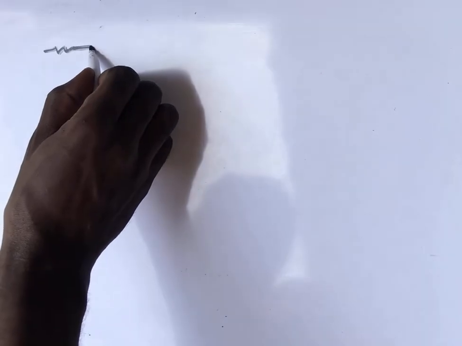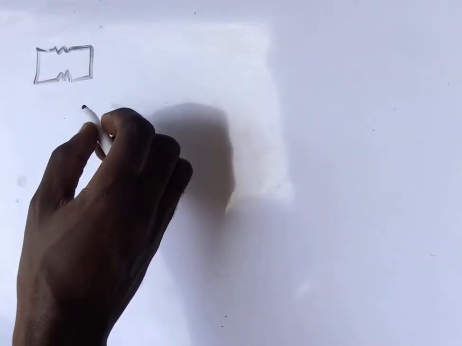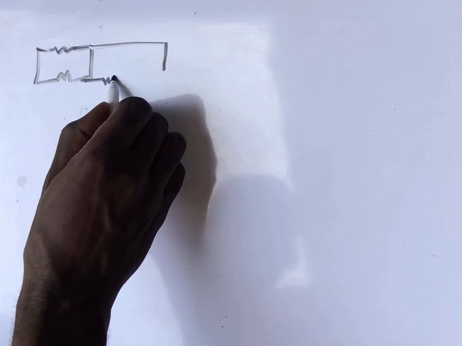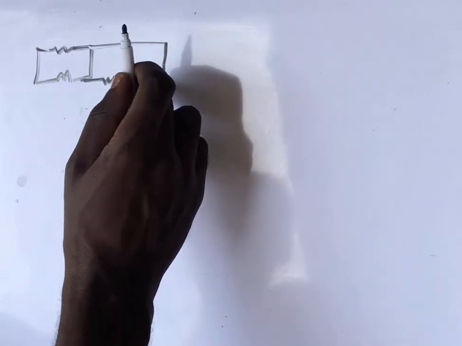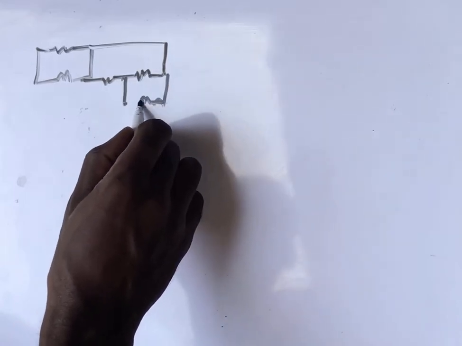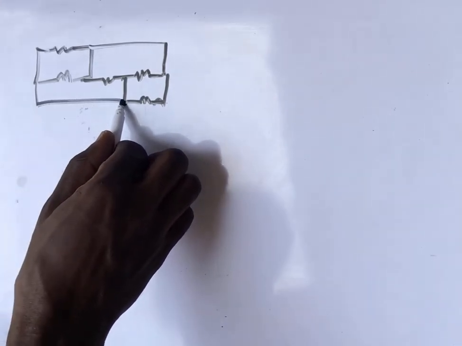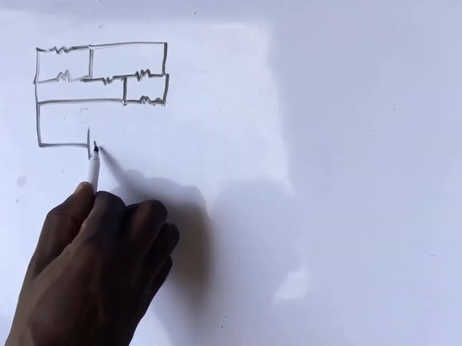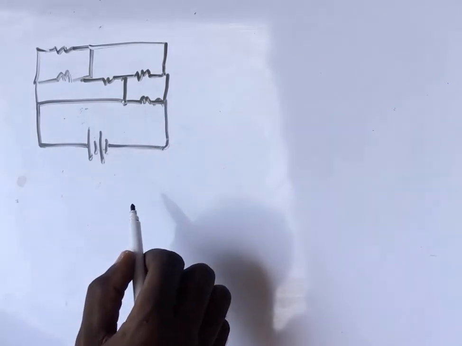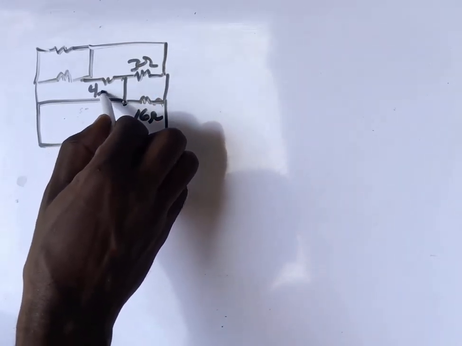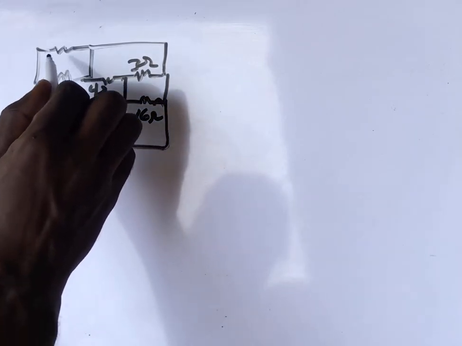All right, now the same example. You have this, and then we have this 16, this is 32, this is 4 ohms, this is 8 ohms, this is 16 ohms.